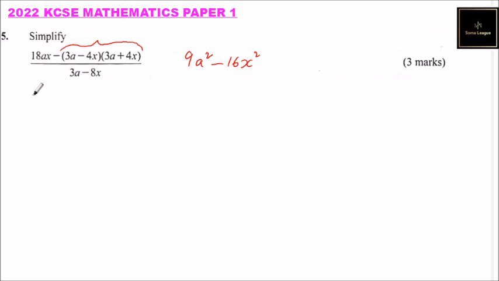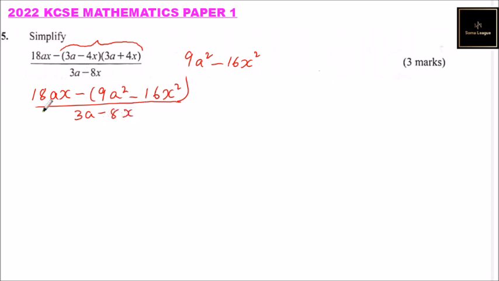So we come here and say we have 18ax minus what we have expanded here, which is 9a squared minus 16x squared, close the bracket. All this is divided by 3a minus 8x.